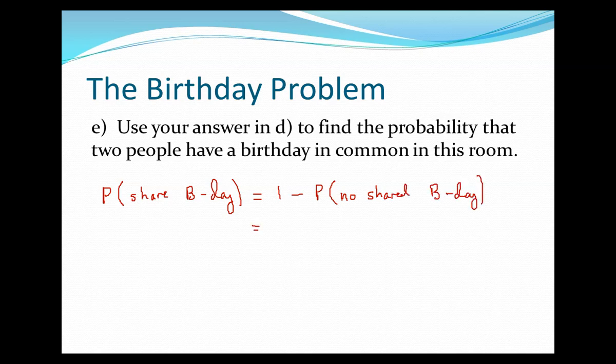So that would be 1 minus 0.5886, and that's about 0.4114. So 41.14%. So that's really interesting that even in a group of 20 people, you're over 41% likely that 2 people share the same birthday.